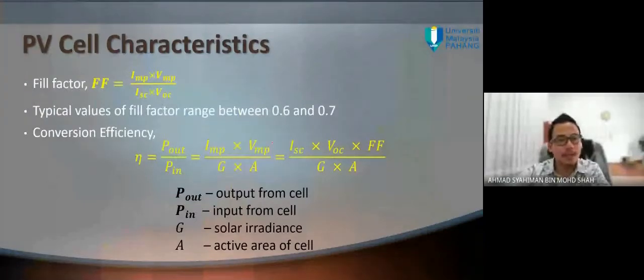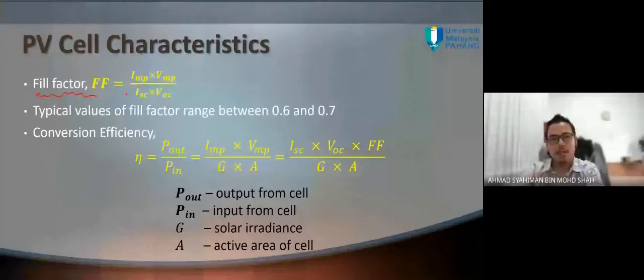From there, there's the term we call the fill factor. What is the fill factor? The fill factor is the ratio of the PMP to the total scale of the highest voltage and the highest current of that certain module.